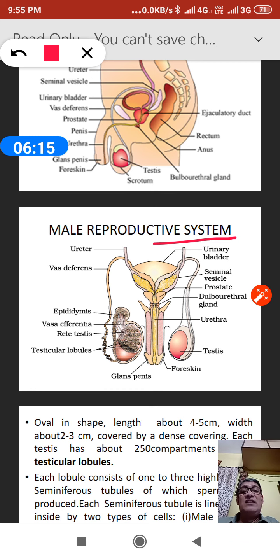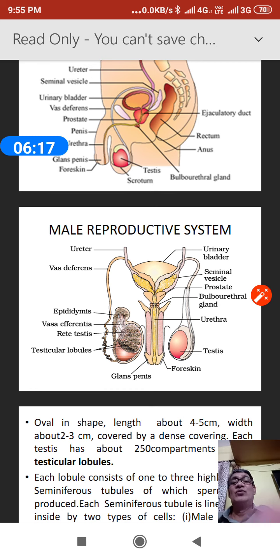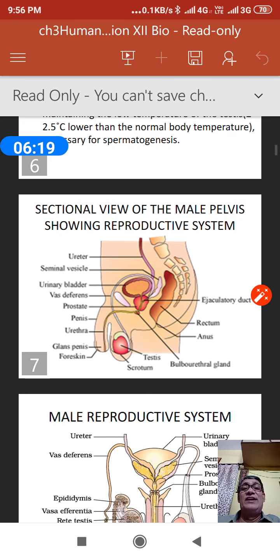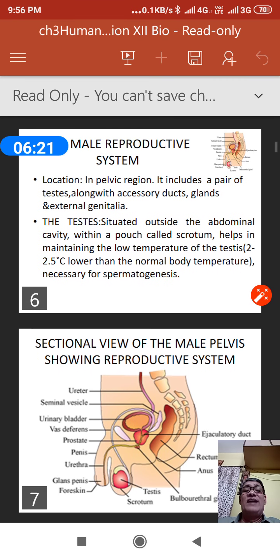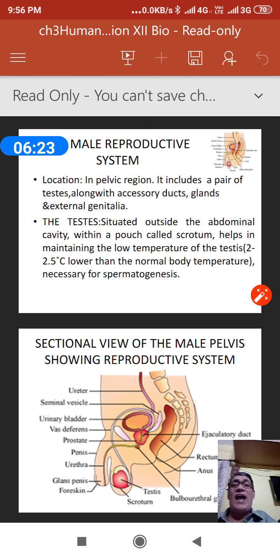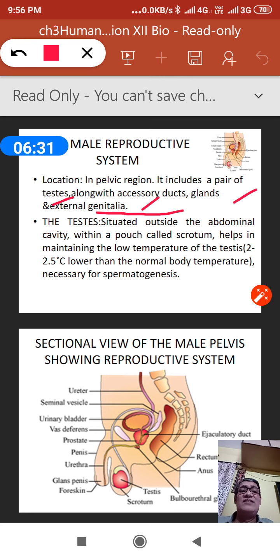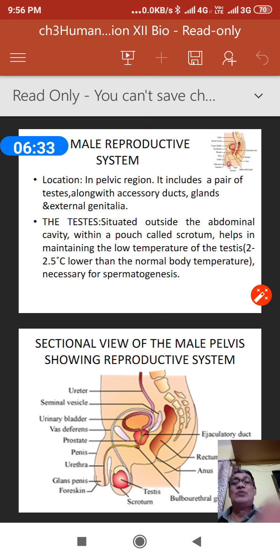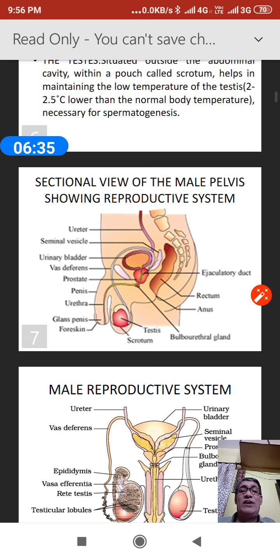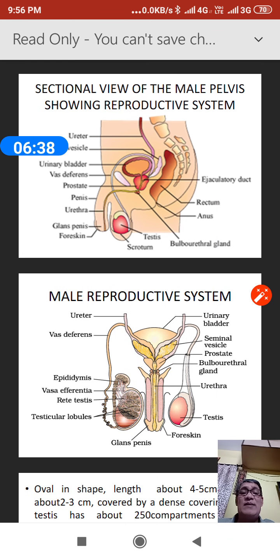There are different parts, as I have already said: along with the testes, there are accessory ducts, glands and external genitalia. Next we explain this picture.